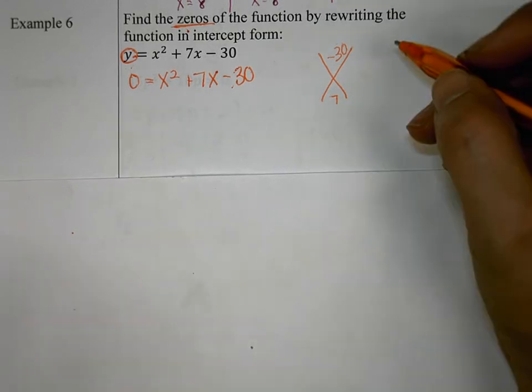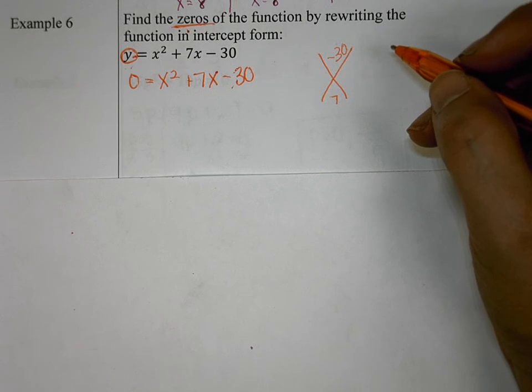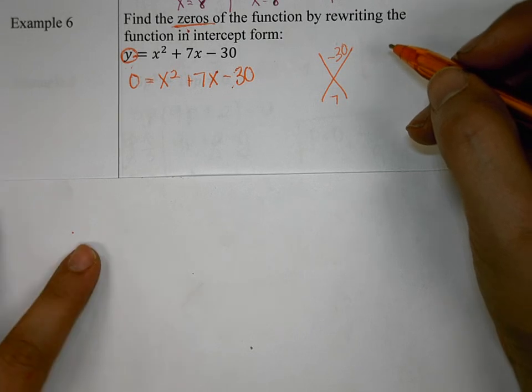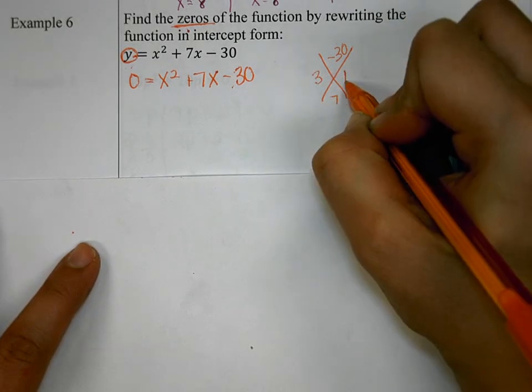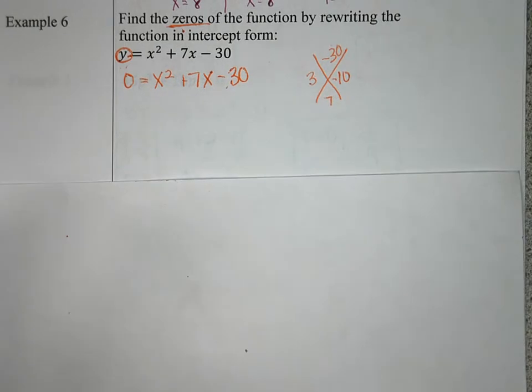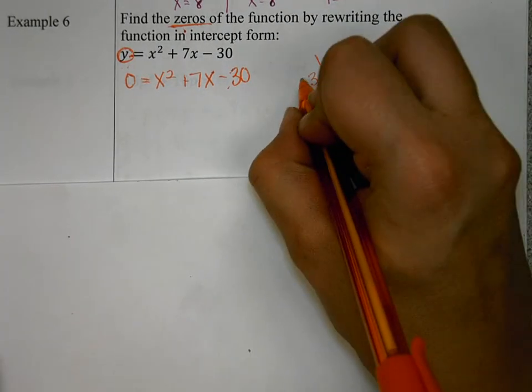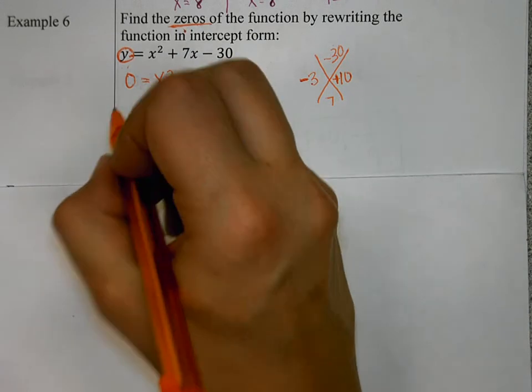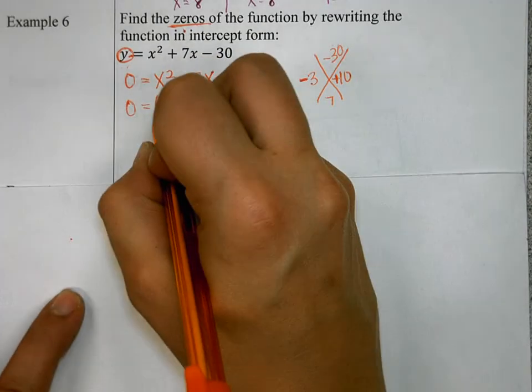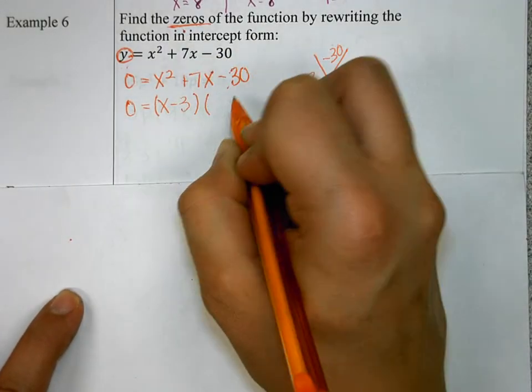And those are going to be positive 3 and negative 10. No, negative 3 and positive 10. There we go. So this whole thing factors out to x minus 3 times x plus 10.